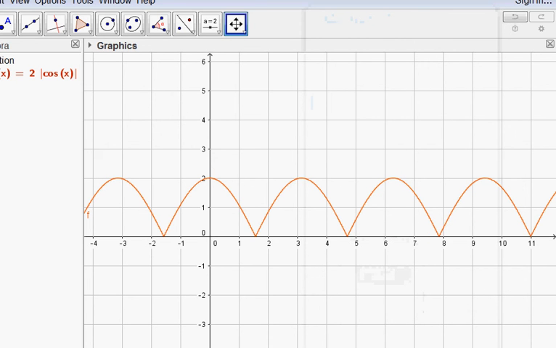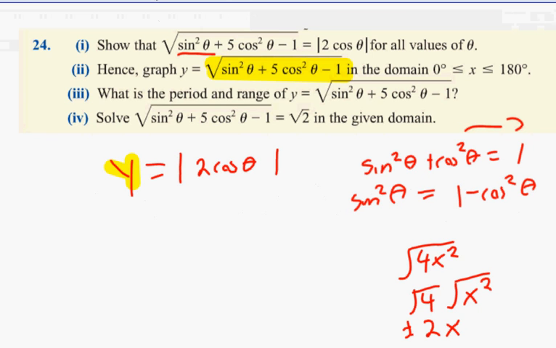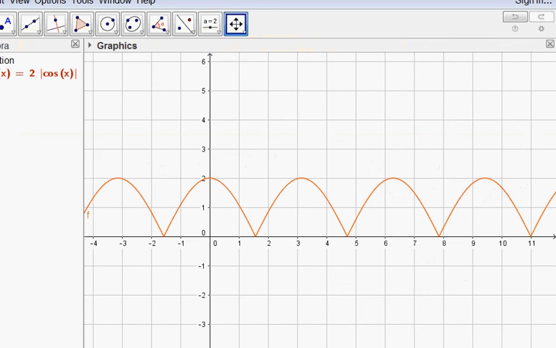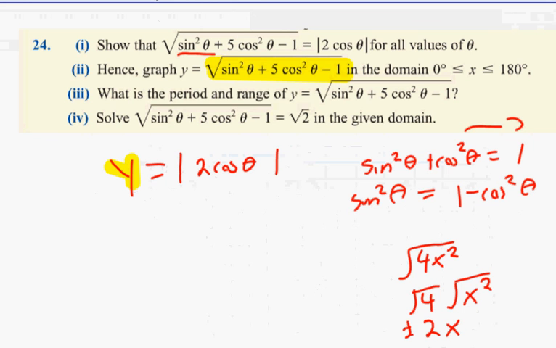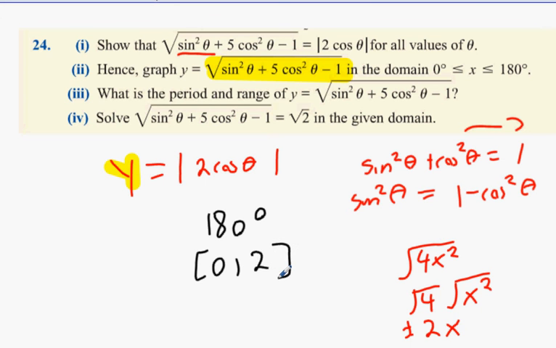Remember we said earlier in the year, starts at 2, ends at 2. There, it's pi, isn't it? 180 degrees is the period, would you agree with that? From tip to tip is 180 degrees. So we say that our period is 180 degrees and our range is 0 to, anybody? 0 to 2. You alright with that?